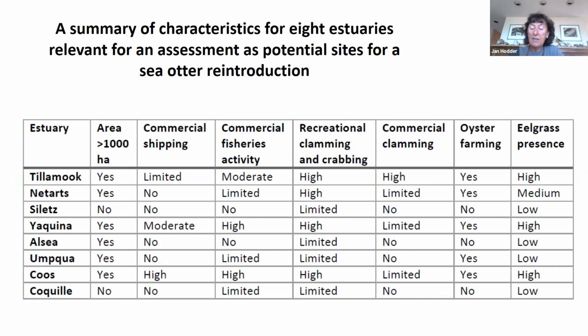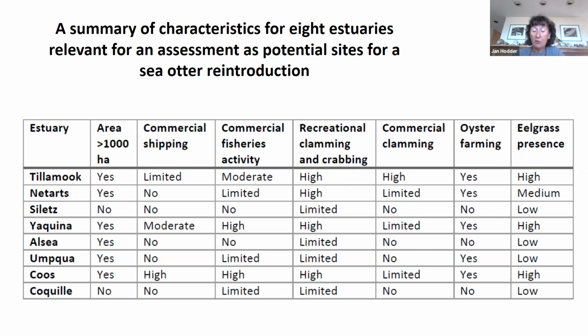My task was to see if the habitat characteristics of Oregon's coastal ocean were still suitable for sea otter survival. Looking at what we know about Oregon's estuaries, here is a summary of characteristics for 8 estuaries that is relevant for their assessment as a potential site for sea otter reintroduction.